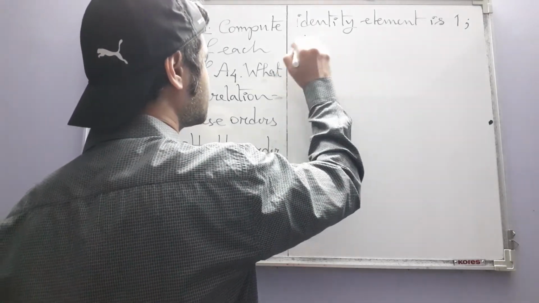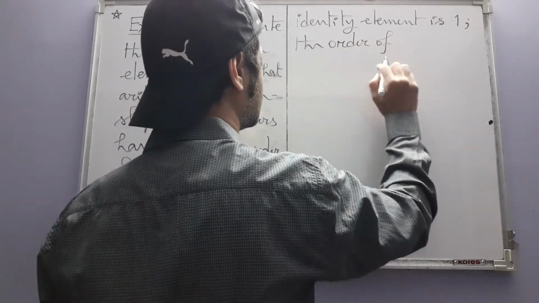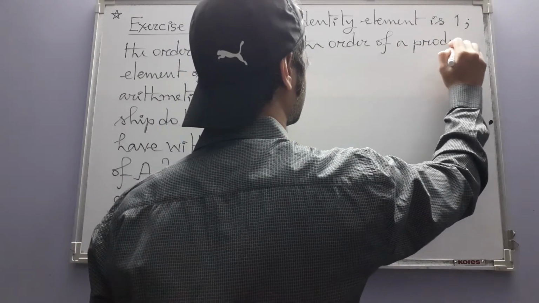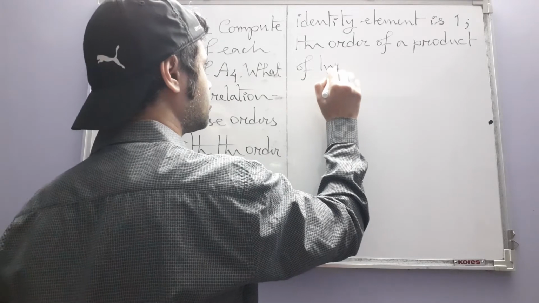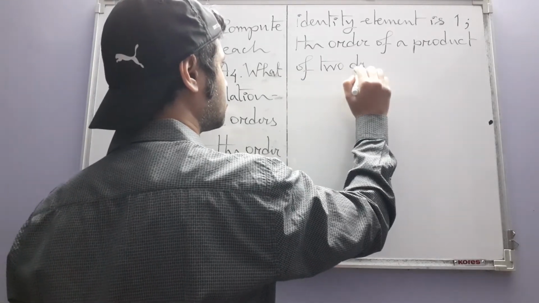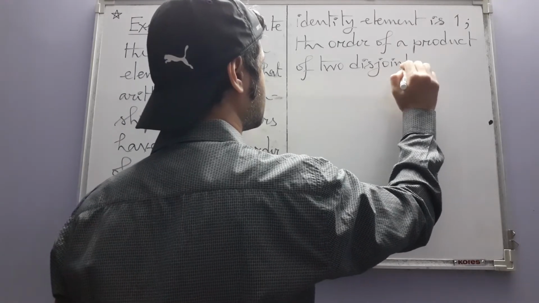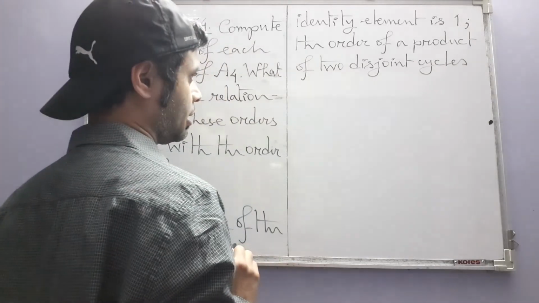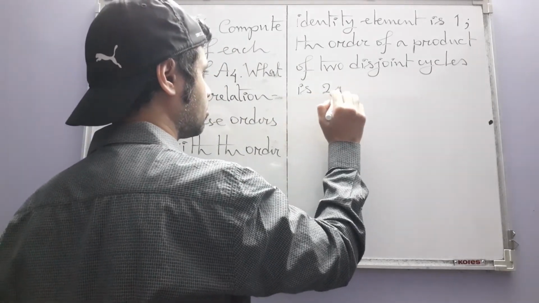So the order of a product of two disjoint cycles is 2.